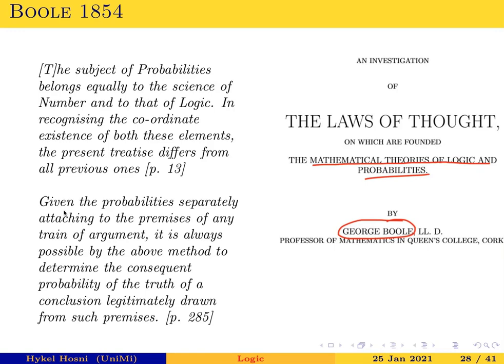So he says, given the probabilities separately attaching to the premises of any train of argument, it is always possible by his method to determine the consequent probability of the truth of a conclusion legitimately drawn from such premises. So here is the extension to probabilities of Leibniz's idea of calculus.